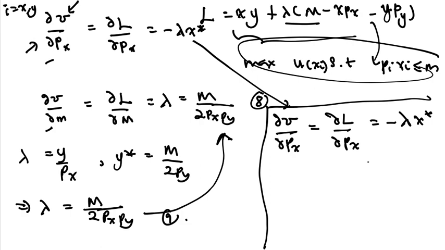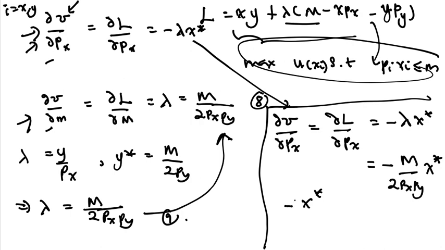Then this gives us minus m over 2 px py times x star. Now if we take the ratio of this and this, then we get x star after the sign change, because you still see the minus sign here.